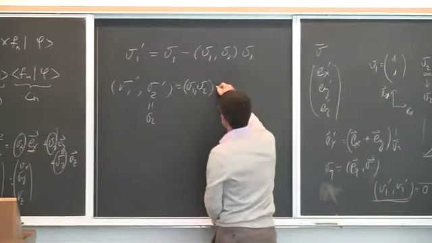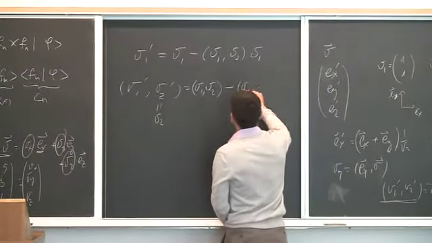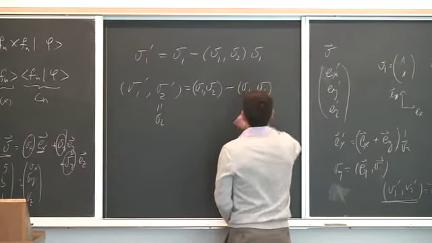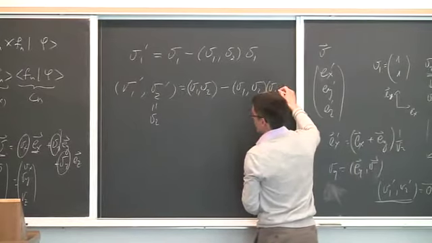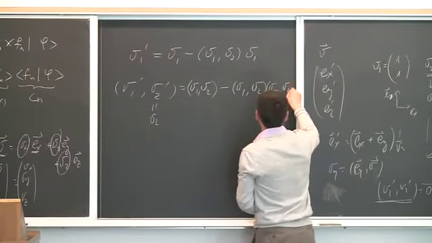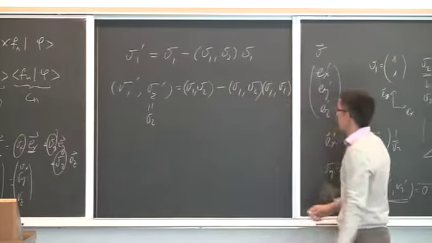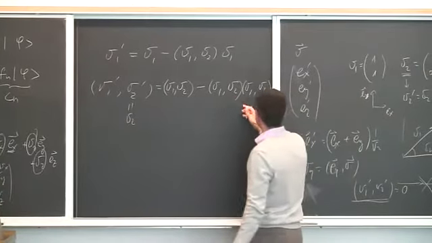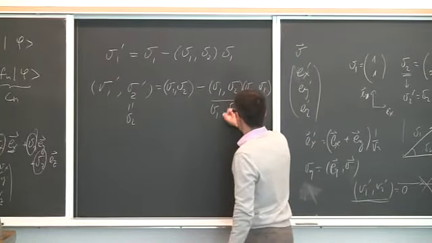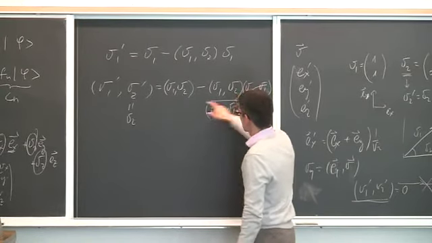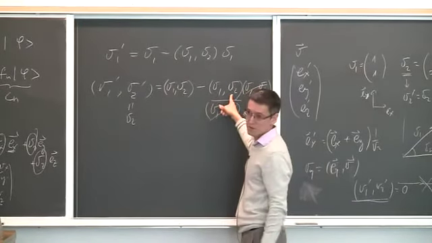So we're getting this minus this, and here there will be v1 v1, right? So we're almost there. The only thing we need is that this should be divided by v1 v1 to get rid of this, and then this will be cancelled by that, right?